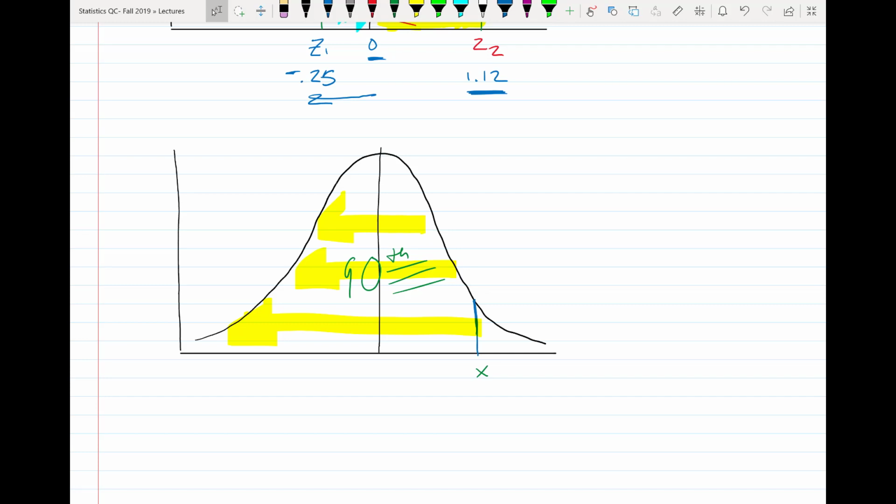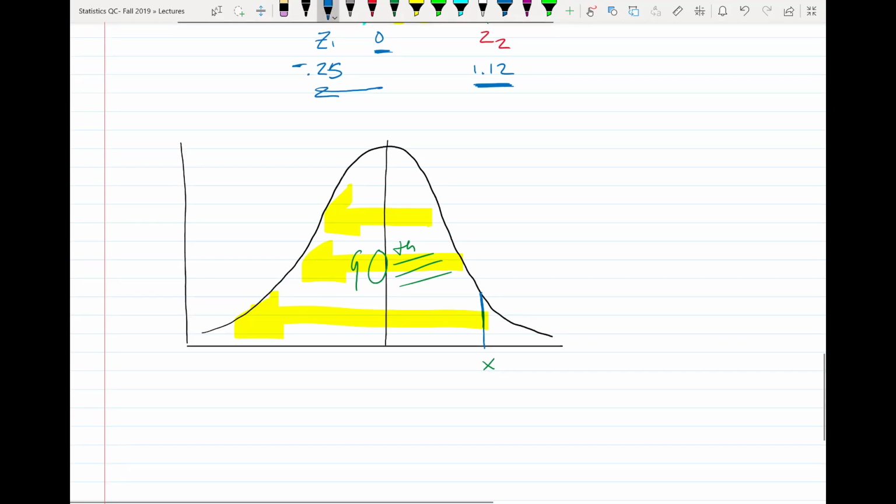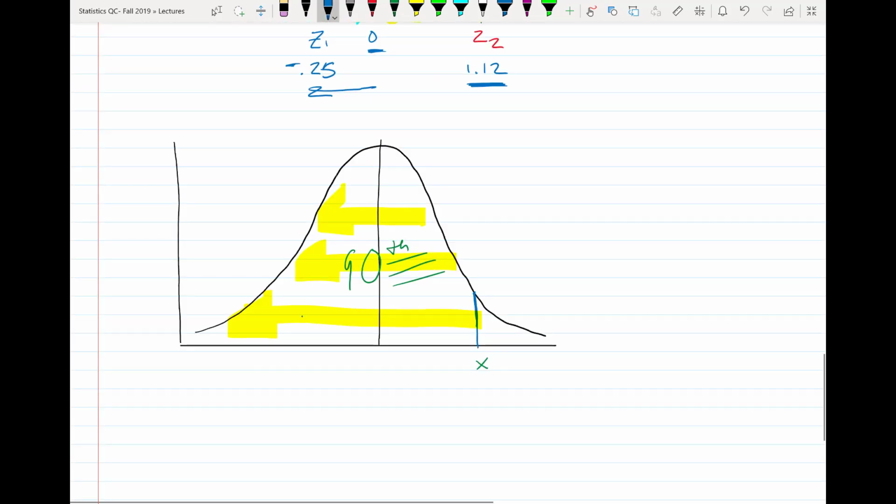Well, what we have to do is take what we know about the distribution. We know that the distribution is symmetrical. So at the end of the day, to get this 90th percentile, that's going to be this area over here, 0.5, plus whatever that area is over there.